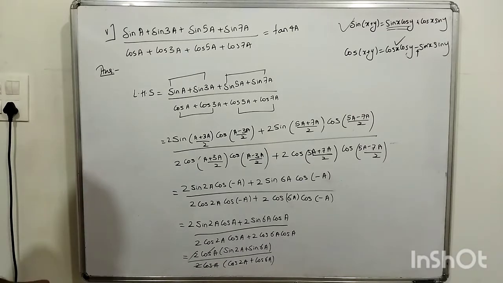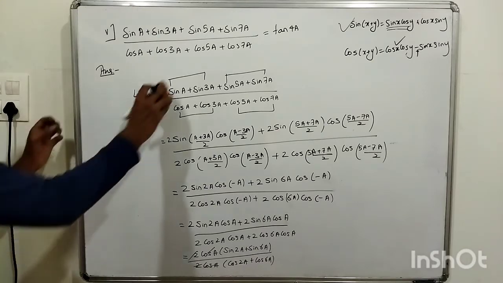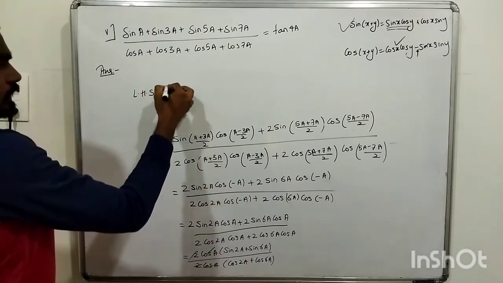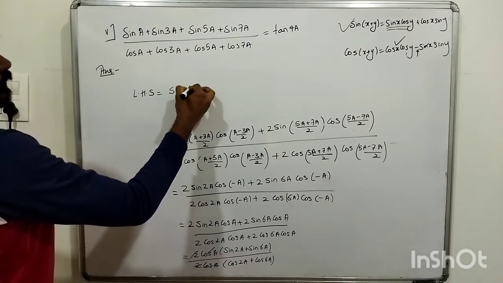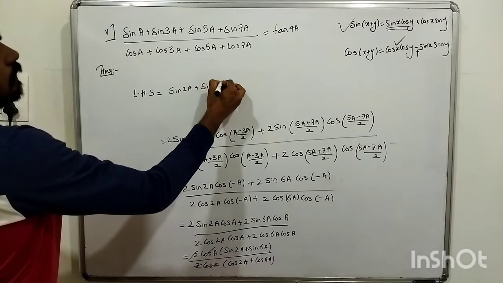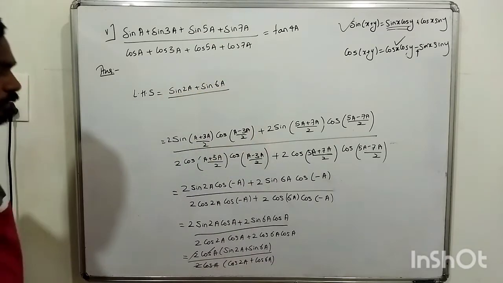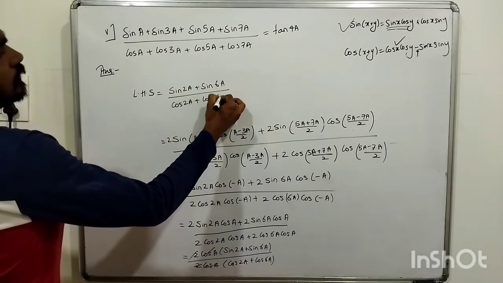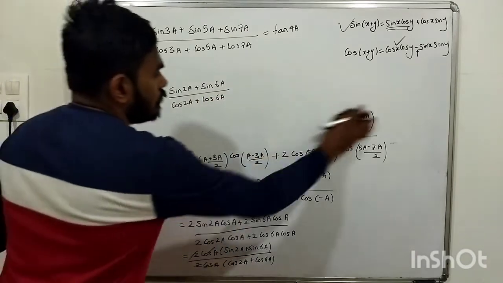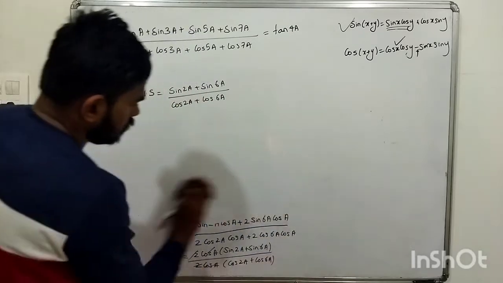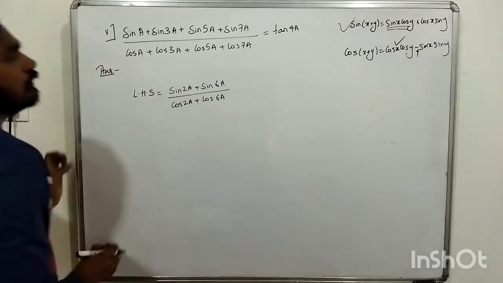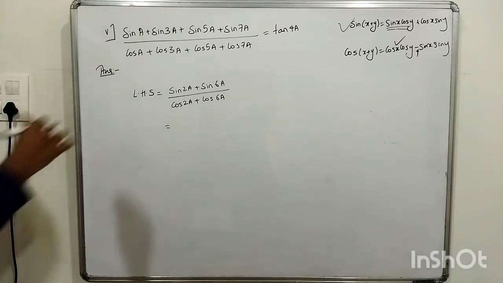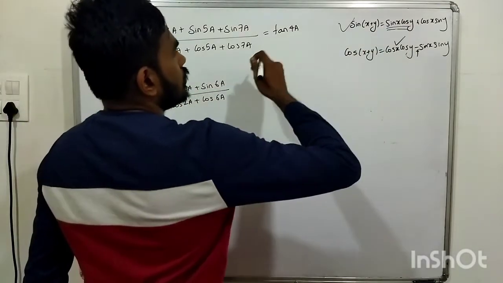So let's see what we get. We have reached till here: sin 2A plus sin 6A upon cos 2A plus cos 6A. Simplify this now. Again we can use the formula for sin x plus sin y.